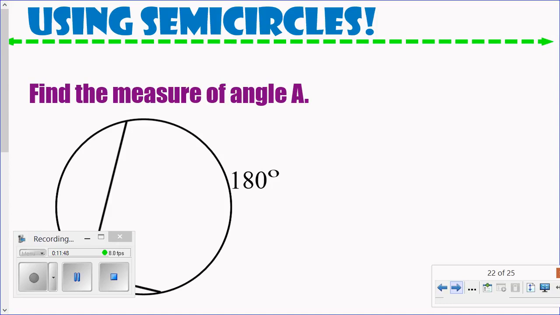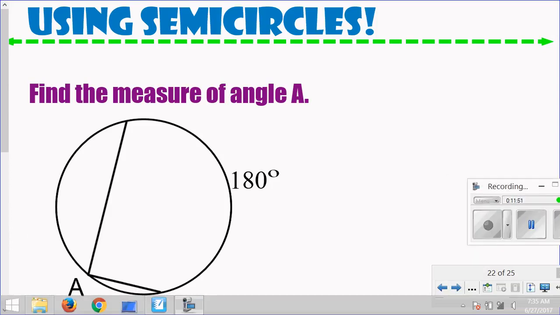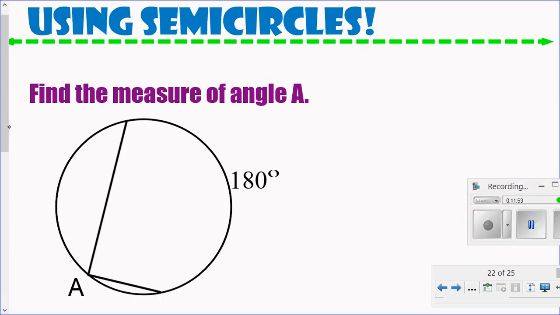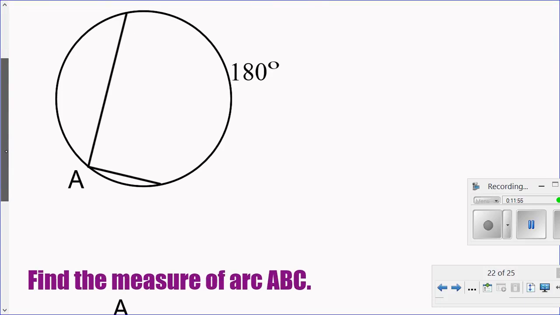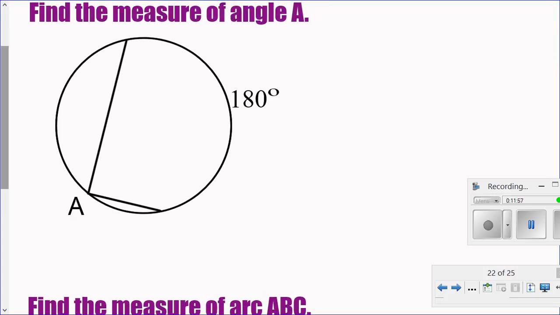Okay, so I think we sort of already have talked about this, but let's just make sure. So if we have a semicircle, okay, if I see that this intercepted arc is a semicircle, it's 180 degrees, then that automatically means that the inscribed angle, that's half of it, is going to be a right angle.